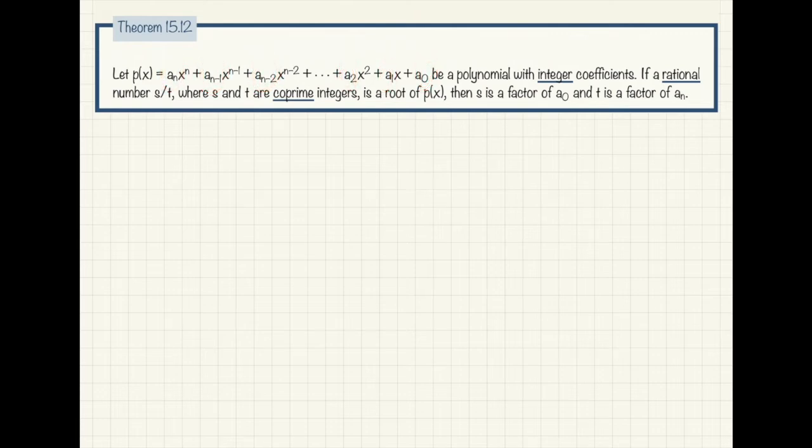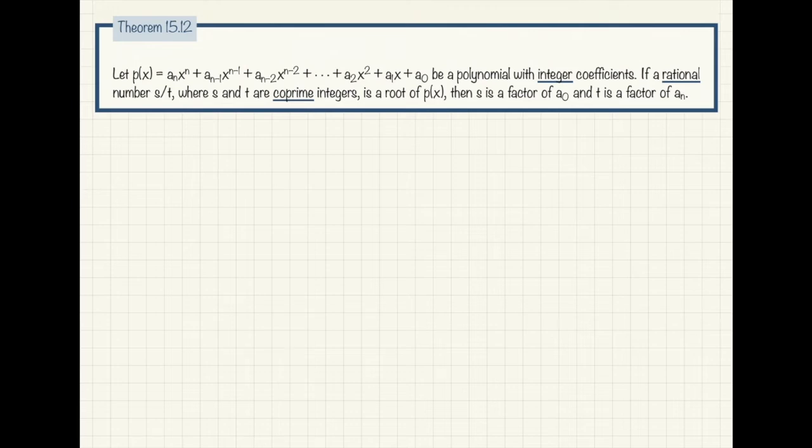This time, if a rational number, a fraction s over t, where s and t are co-prime integers, is a root of p of x, then s, which is the numerator, is a factor of a0, the constant term, and t, which is the denominator, is a factor of an, the leading term. Let me describe it simply.